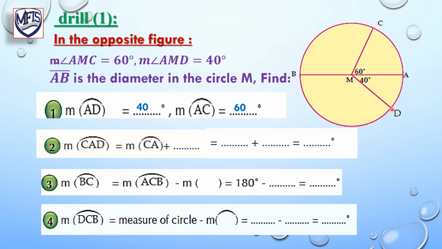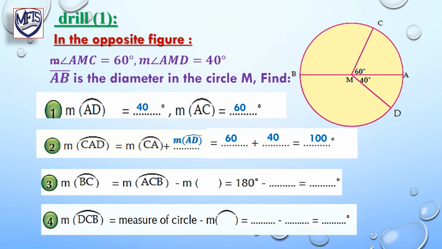That means 60 plus 40 equals 100 degrees.